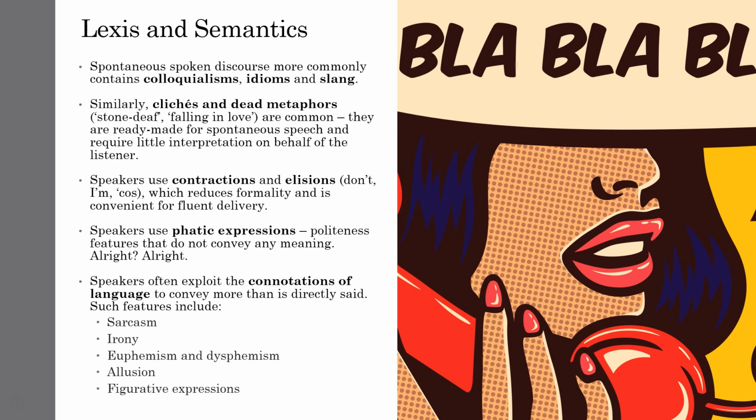We also use contractions and elisions, so we shorten words and run words into each other, which is a sign of reduced formality, but it's also convenient in speech for a fluent delivery. You could argue that contractions in written language, such as don't, won't, I'll, actually have their origins in spoken language, where we don't always take the time to enunciate every syllable.